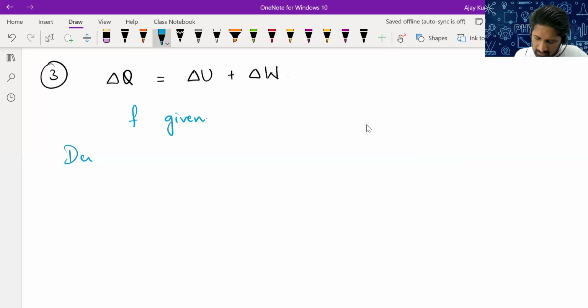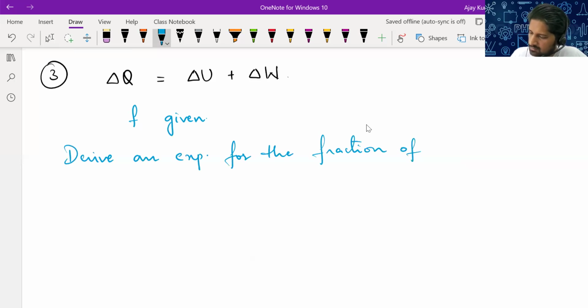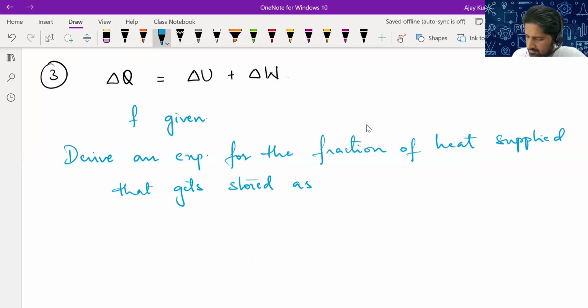So you need to derive an expression for the fraction of heat supplied that gets stored as internal energy. If you know that fraction, then the remaining will be converted to work. You can tell that easily.